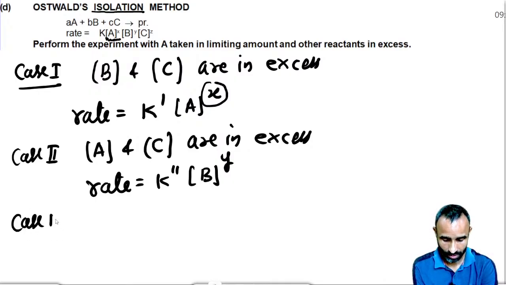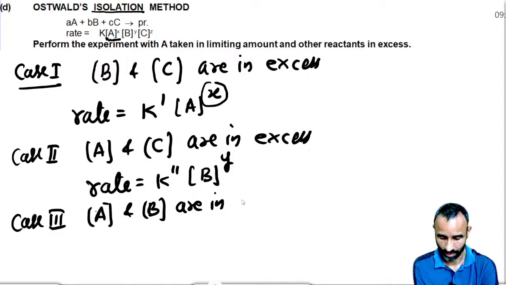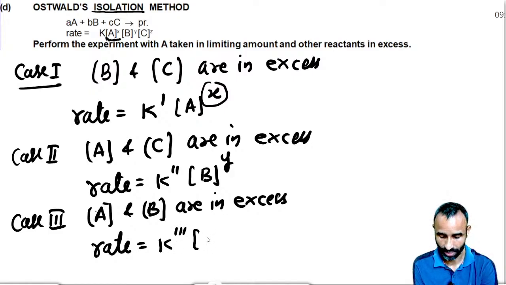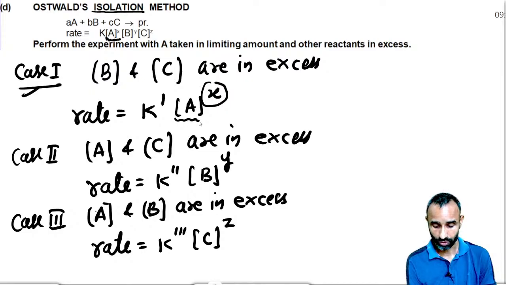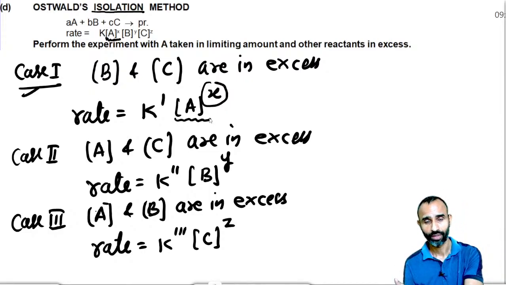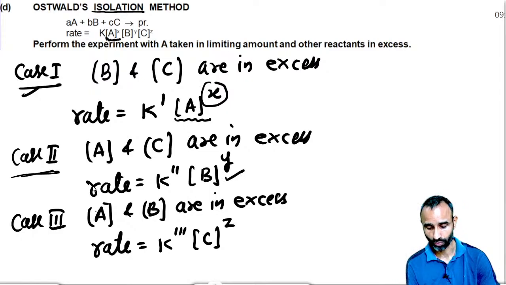In case 3, we take A and B in excess, so rate is equal to K, let us say triple dash, into C raised to power z. In the first case, we change the concentration of A and calculate the rate of the reaction, and we calculate x.